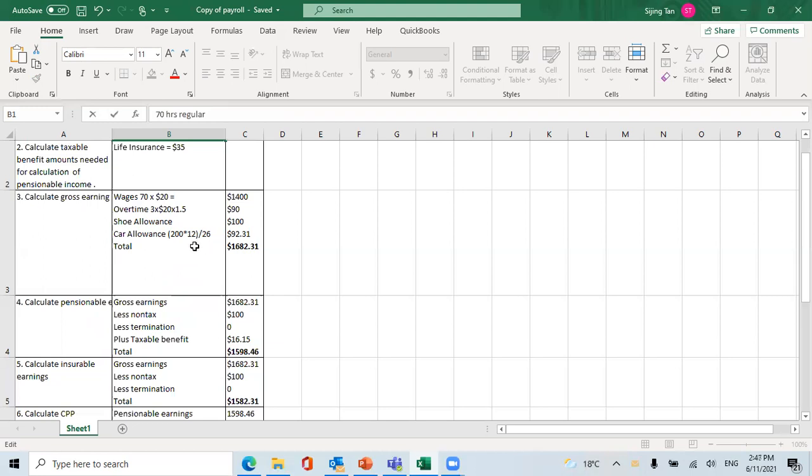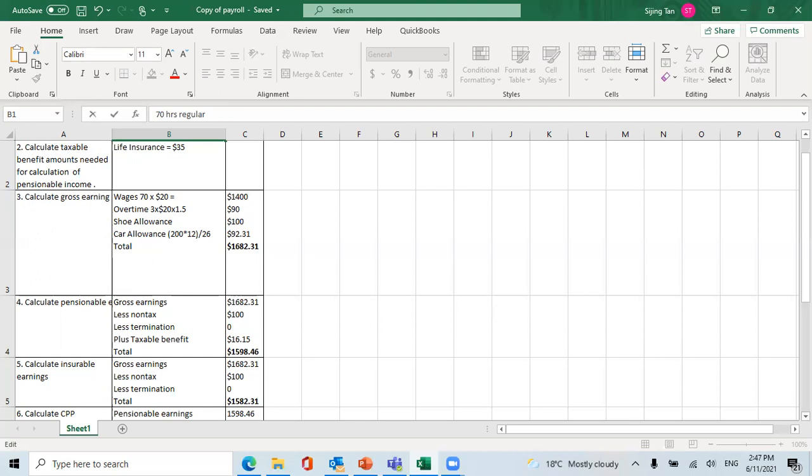Whenever we need to calculate the pay cycle amount, we always come up with the annual income or annual earnings and then divide it by the pay periods per year. So this is biweekly, we divide by 26. If it's weekly, we divide by 52. If it's monthly, we divide by 12. If it's semi-monthly, we divide by 24. So it comes up with a gross earning, 1682.31.